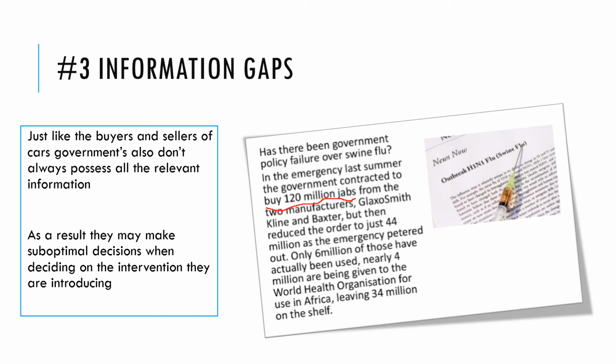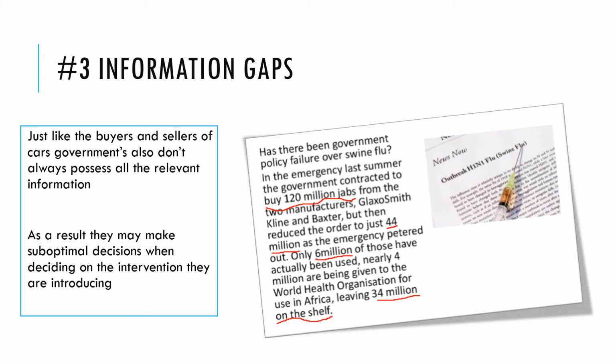Now, when they saw that the outbreak wasn't really taking off, they reduced that order to 44 million. But actually, swine flu never really materialized, and only 6 million of the 44 million they bought were ever used. So ultimately, once they'd given 4 million to the World Health Organization for use in Africa, they were left with 34 million flu vaccinations on their shelves.